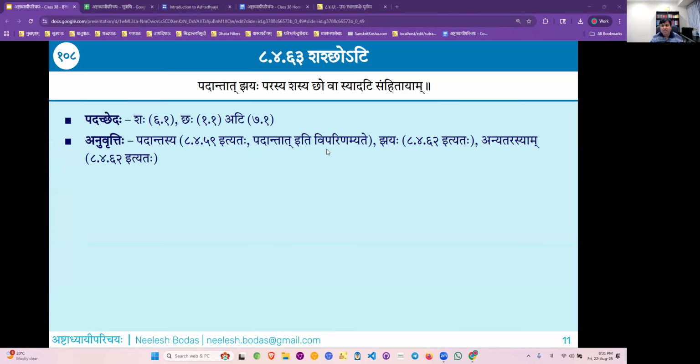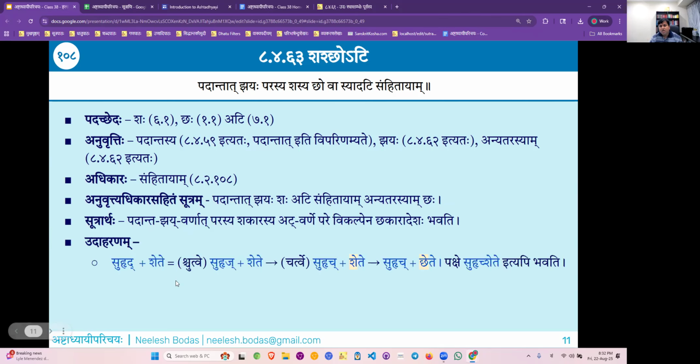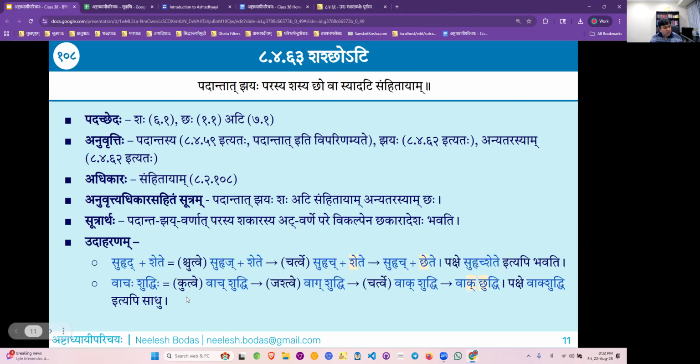Jhayah iti jhayo honyatarasyam ityasmat svikriyate. Jhayah is panchami. That's why padantasya becomes padantat, because it has to be connected with jhayah. Samhitayam is the adhikara. So padantat jhayah shakarasya atvarne pare samhitayam vikalpena chakaradeshah bhavati. Surud shete, vachah shuddhih.